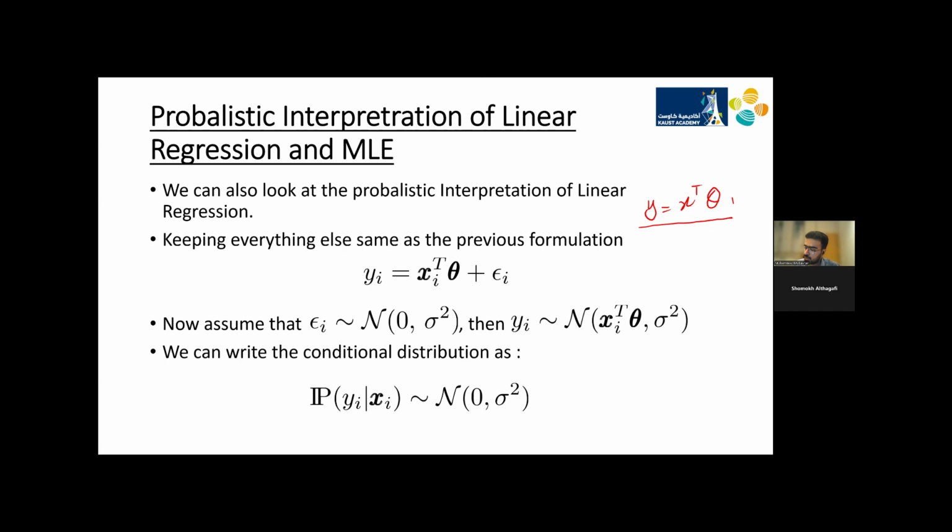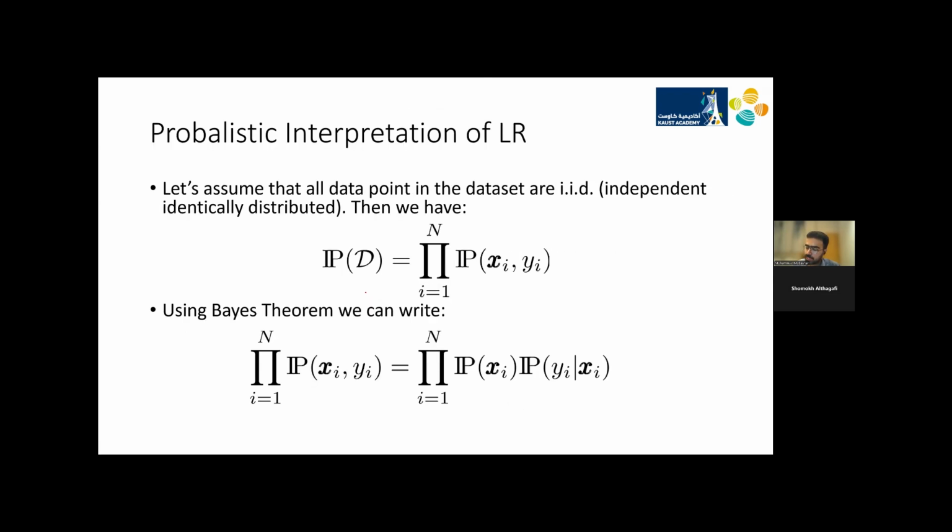So you have some sort of noise added to it, and we can express it with some epsilon, and this epsilon is just a normal distribution with mean zero and some standard deviation sigma, which is just a very low number.